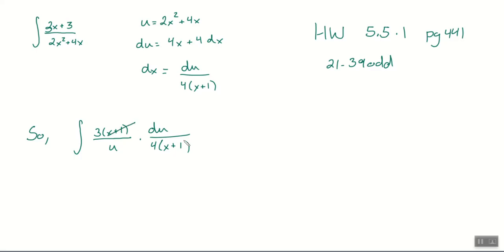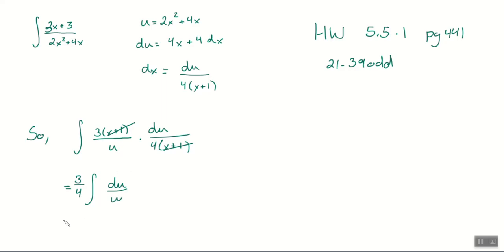These pieces are gone, which means, is there a constant multiple? So we get a 3/4, and it's now the integral of what's left inside. 3, no, the 3's not there. 1 over u. Or, this is just another way to write it, but du over u is the same thing.